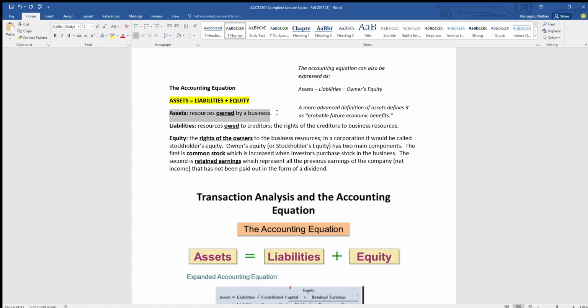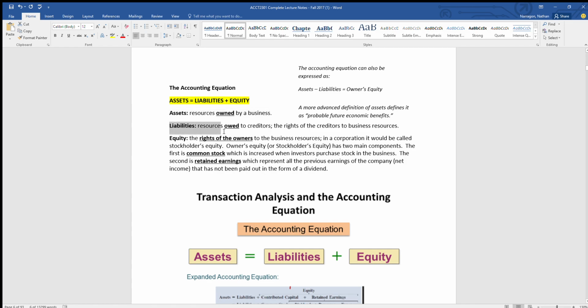Buildings, vehicles, prepaid insurance policies. All these are assets, and we're going to get into these as we go, but we will introduce these accounts in this chapter. You want to see a little bit on your homework, but we want to make sure that you understand that these are owned by the business.